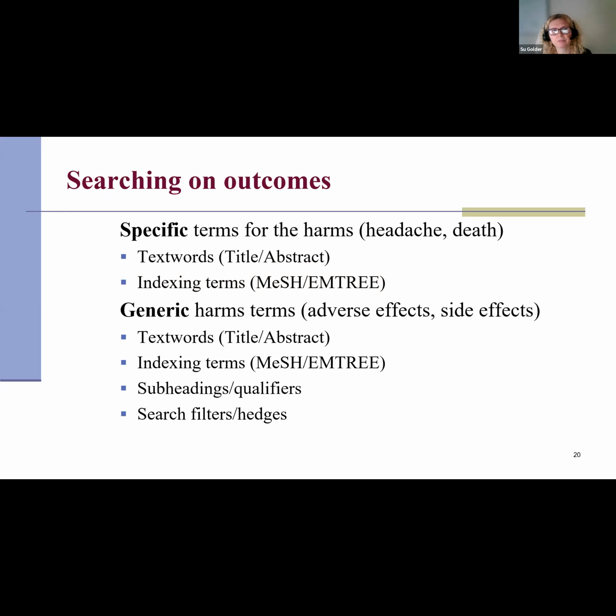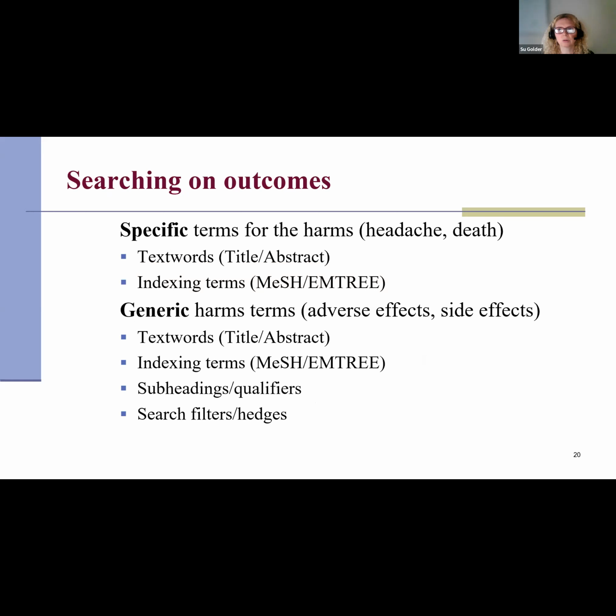For outcomes, we've got specific terms for the harms, such as headache, cancer, death, etc. And these can be searched in the title and the abstract as text words, or they can be searched as indexing terms, for example, MeSH in MEDLINE or Emtree in Embase.